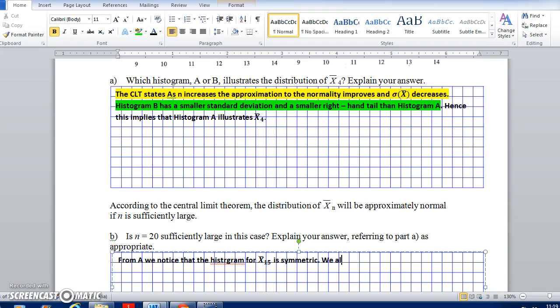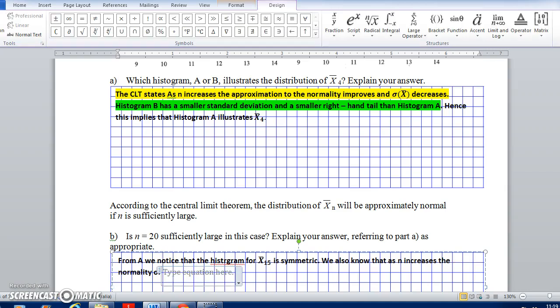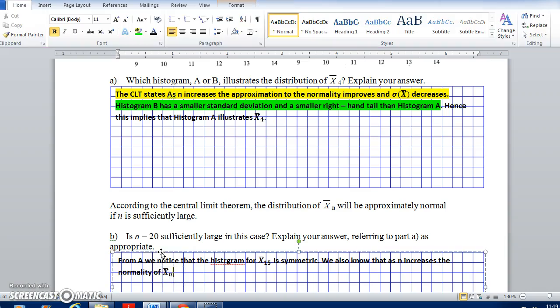We also know that as N increases, the normality of X bar N improves.